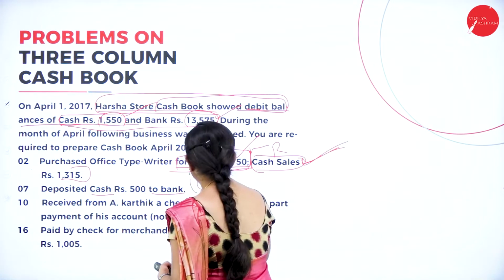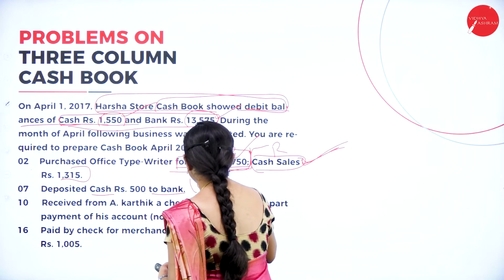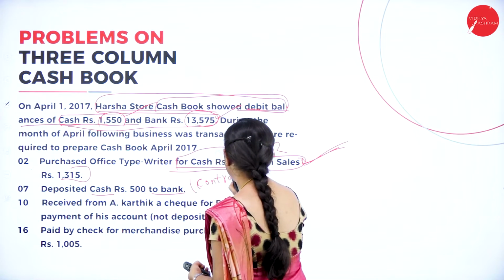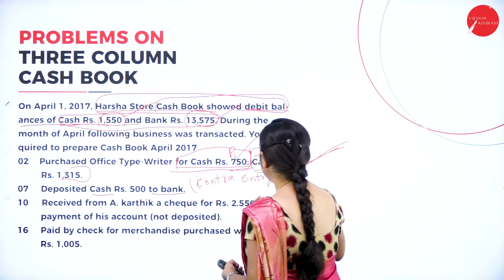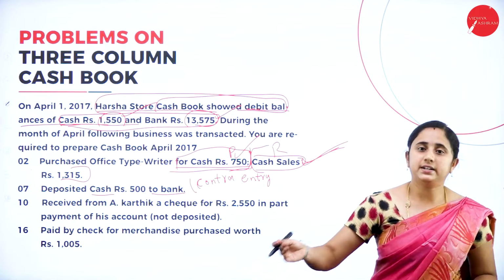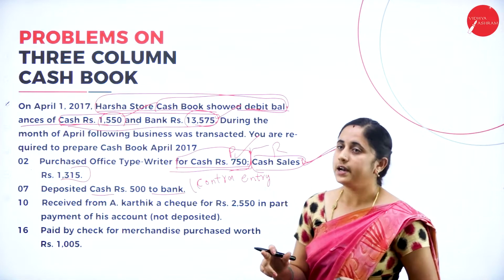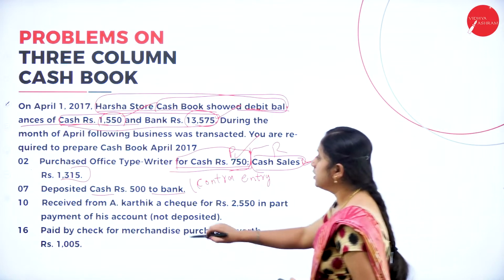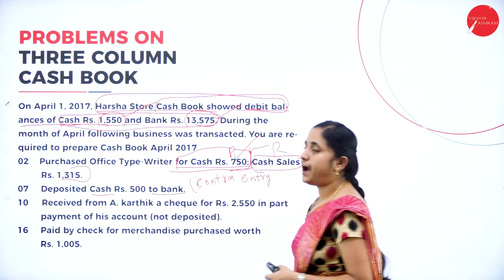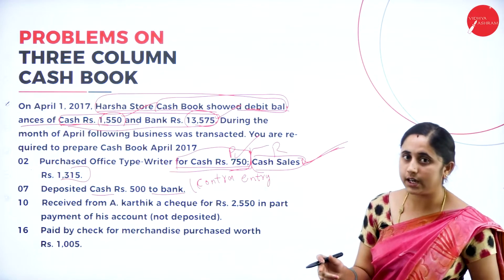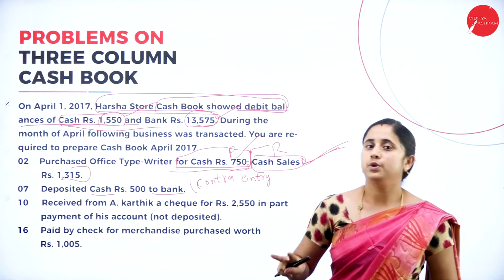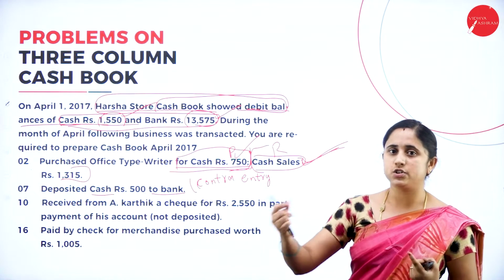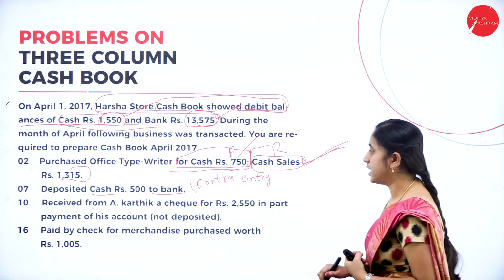This type of transaction is called a contra entry. That means both cash and bank are involved in the same transaction. Here you are going to deposit cash into bank. Bank and cash are involved here, so this is considered a contra entry. We need to record it twice, once for the bank transaction and once for the cash transaction.